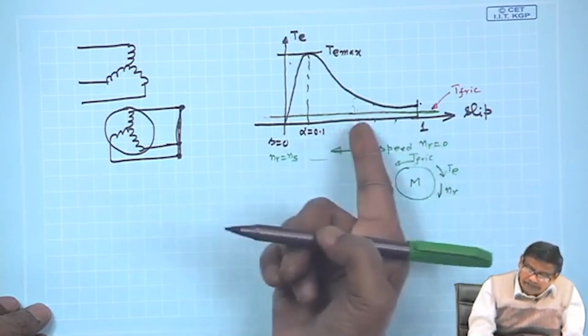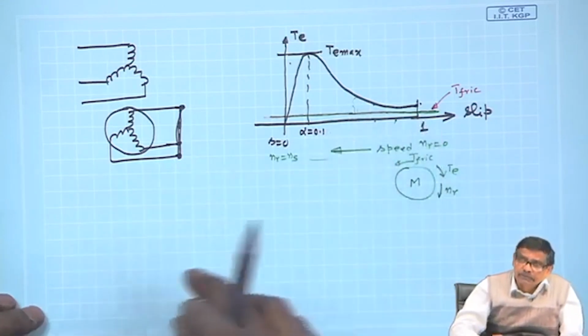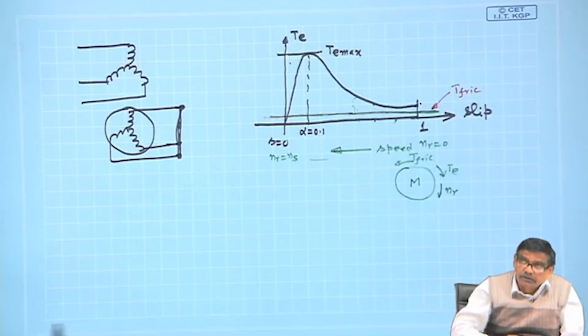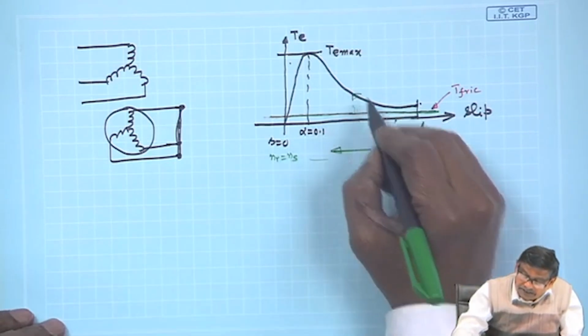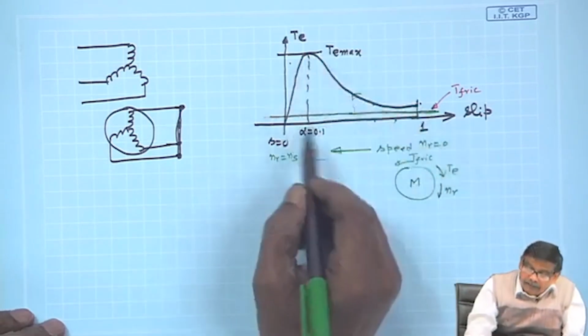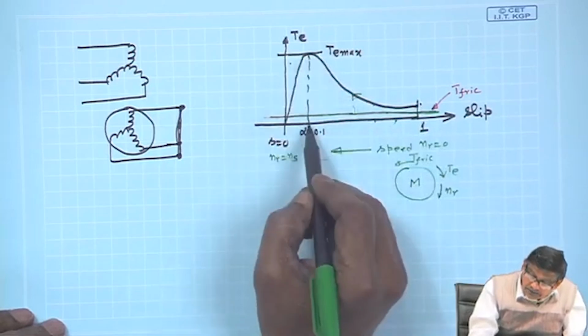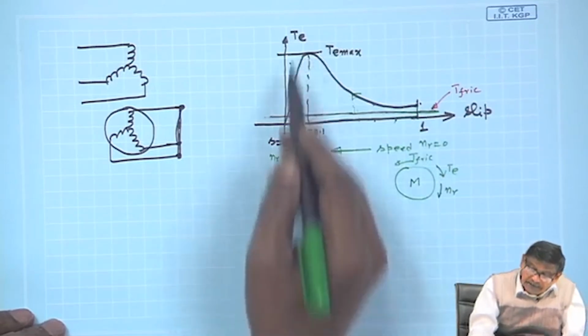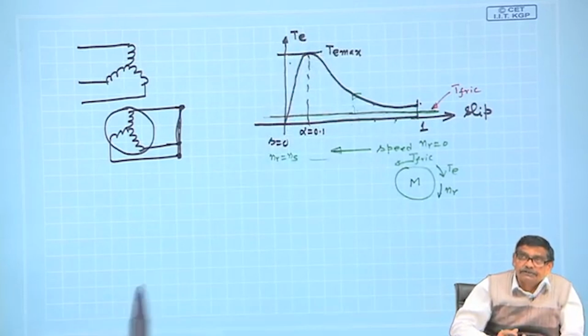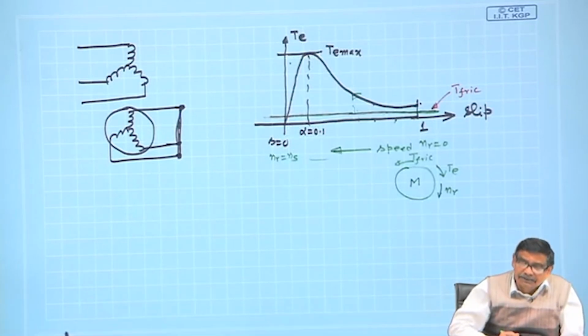Of course, rate of acceleration depends upon the difference of these two torques, but nonetheless, so long as T is greater than T friction, machine will go on accelerating, and eventually it will come here also. Then the difference of torque is the highest, the rate at which its speed is increasing, it will become much more.